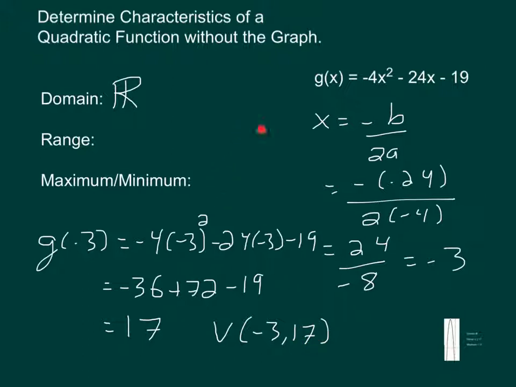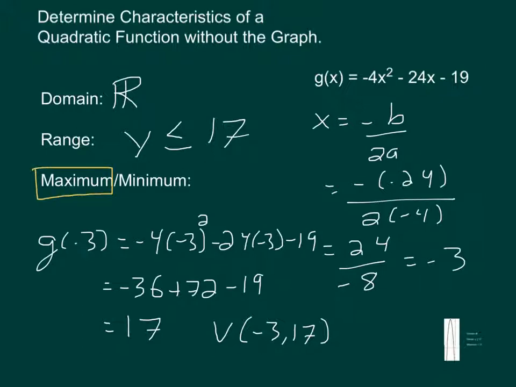The y can be anything below that maximum value because we're going to continue on infinitely. That means that my y here can be anything less than or equal to 17. That's my range.